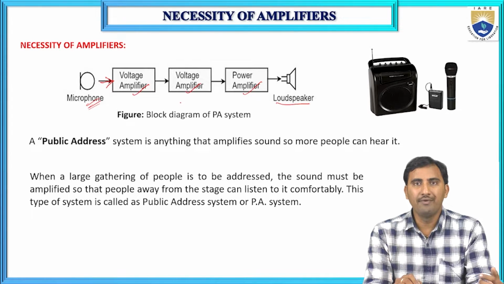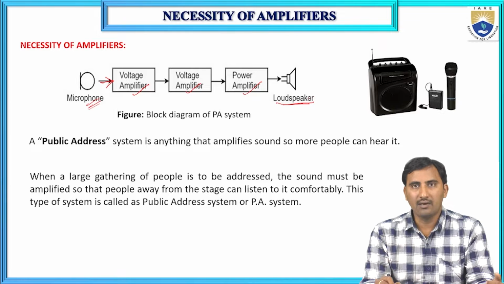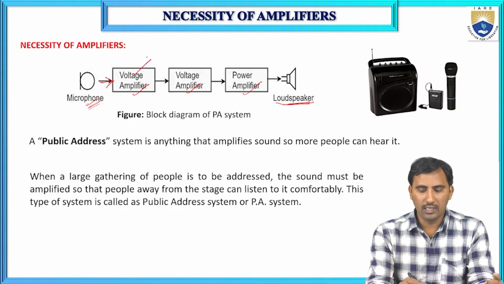So initially we need to increase the voltage level. After that we are increasing the current level, and finally we are driving the output signal to the output device like a loudspeaker. The loudspeaker converts the electrical signals into voice signals. The main function of the voltage amplifier is to increase the voltage level.